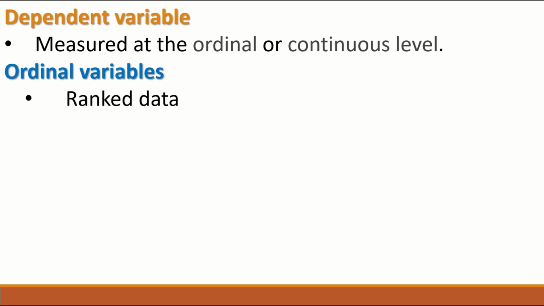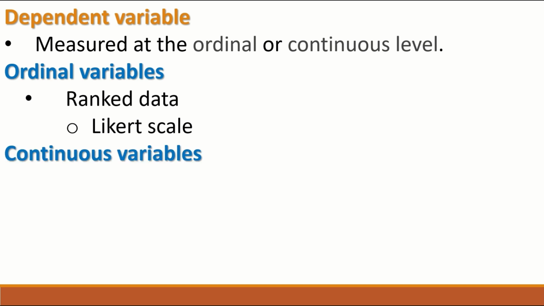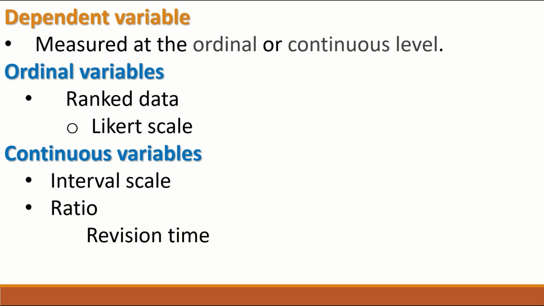So ordinal variables are variables with data that can be ranked, such as the Likert scale, which is frequently used in surveys and questionnaires to obtain a response from participants. The scale can be 5 points, Likert scale 7, and so on. And the response can be either strongly disagree or strongly agree, and so on. The continuous variable can be interval scale or ratio, such as revision time.